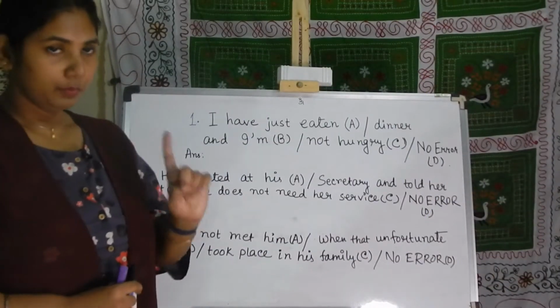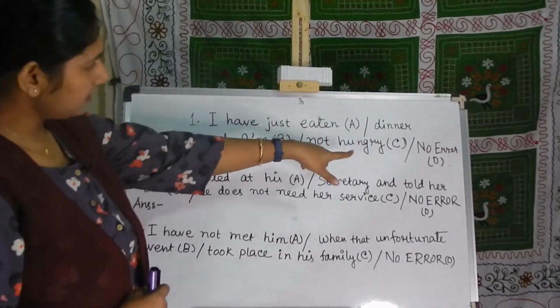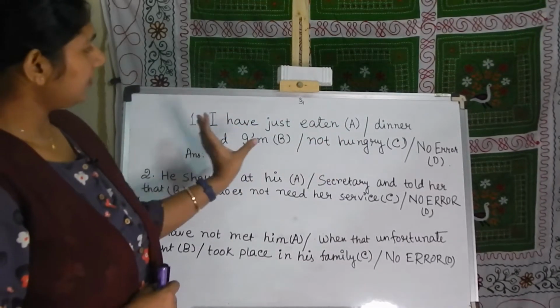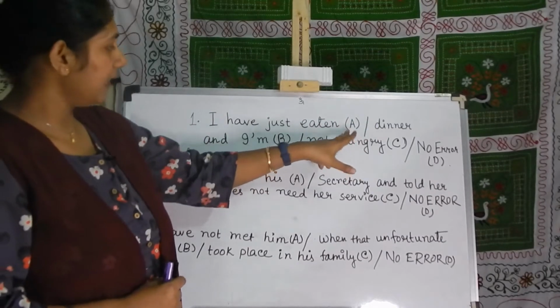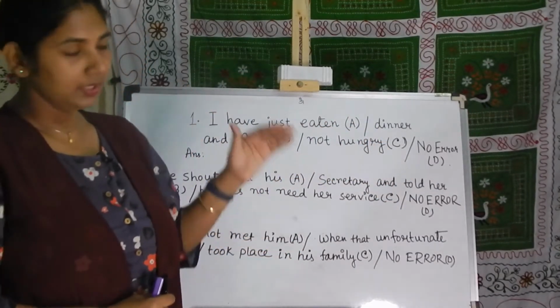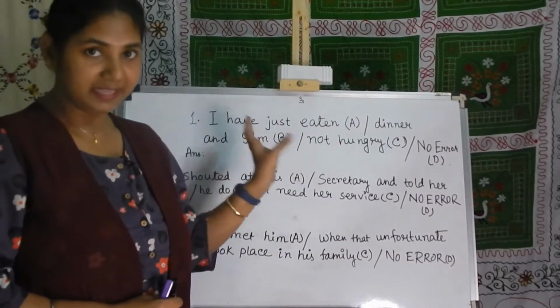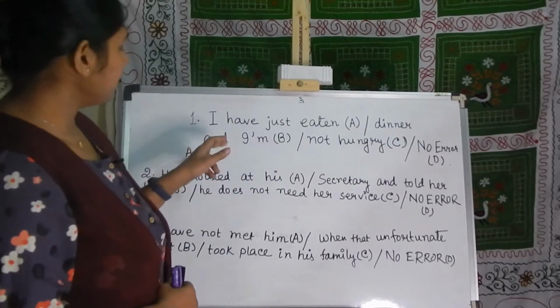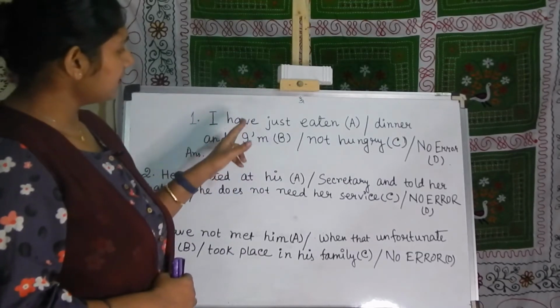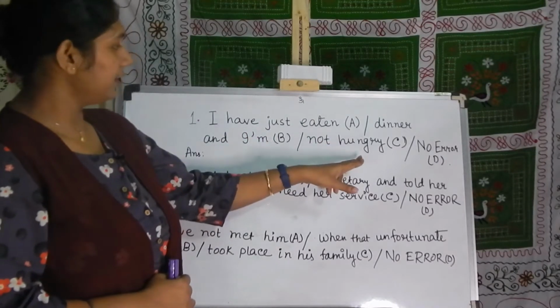Question number 1. The sentence I have written here is divided into parts A, B, C, D. You have to find out in which part the error is hidden. First question: I have just eaten dinner and I am not hungry.